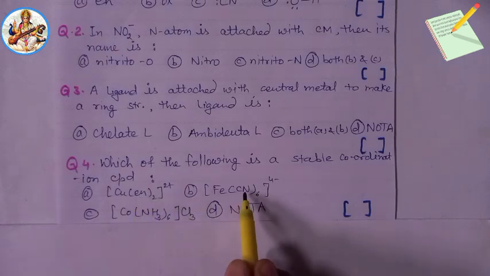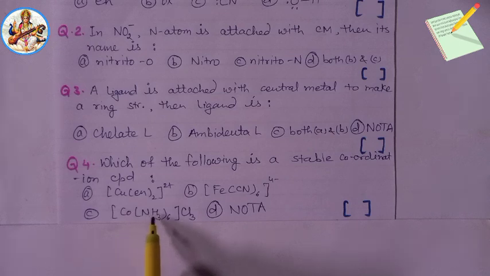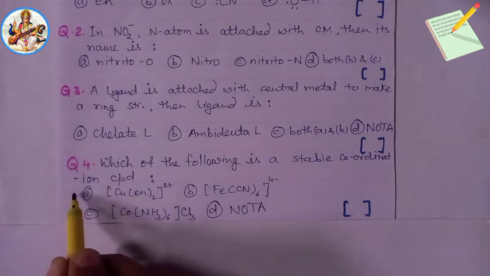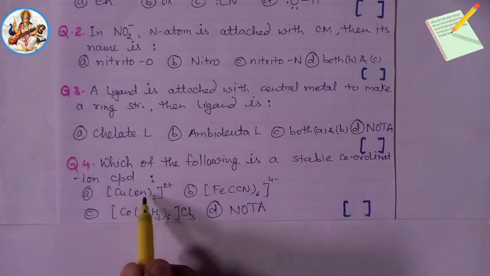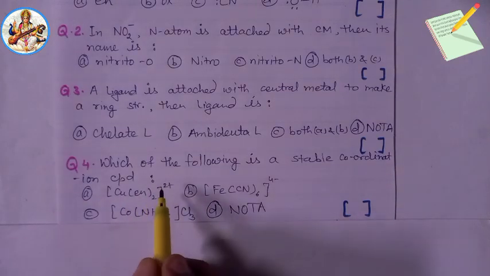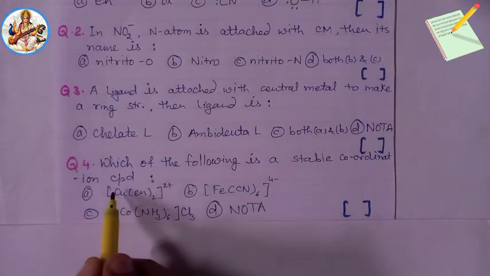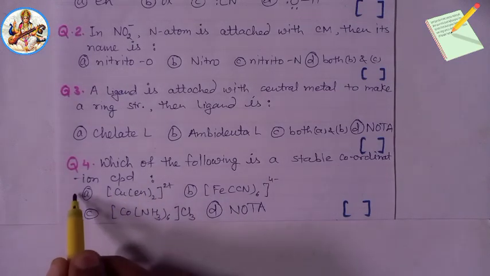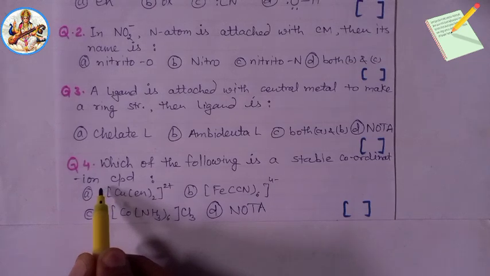In option B, cyanide is an ambidentate ligand. In option C, NH3 is a monodentate ligand. So the answer will be option A, Cu(en)2 2+, because cyclization provides stability to the complex.